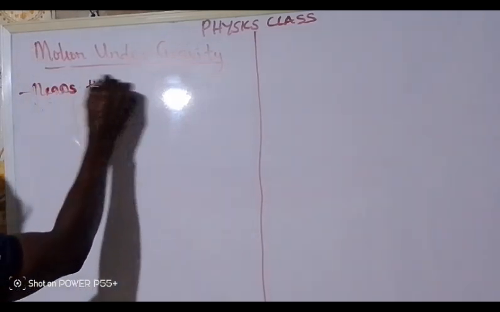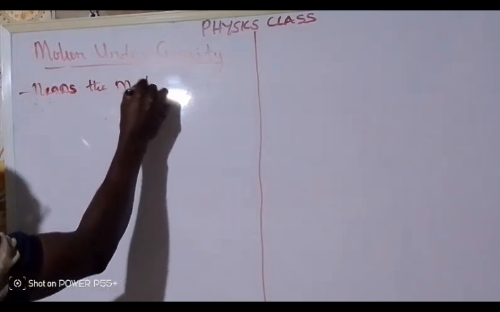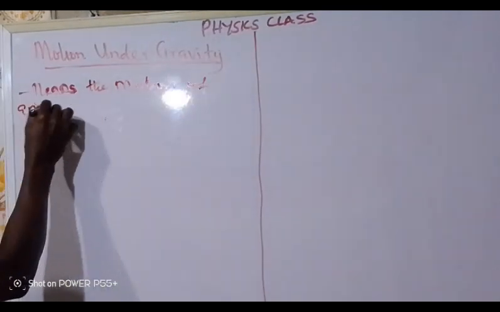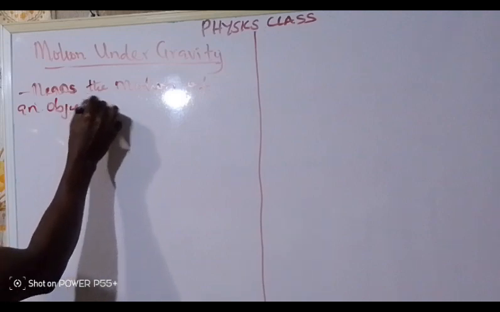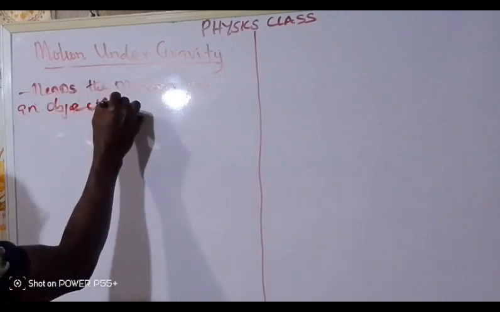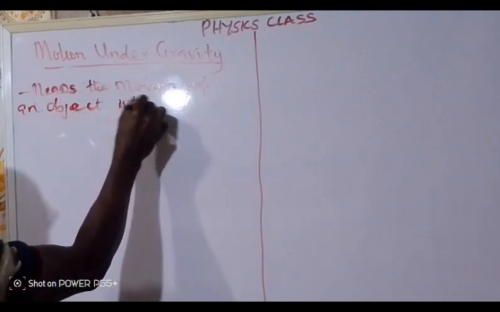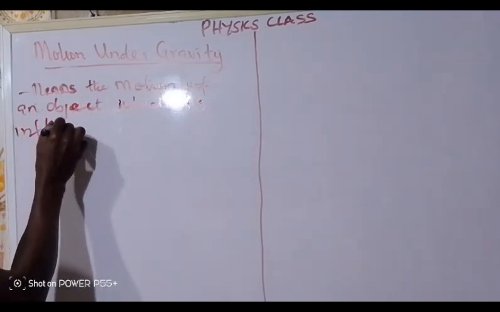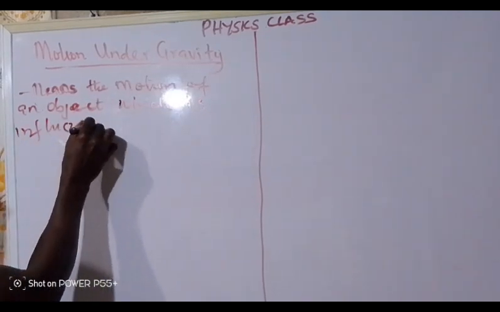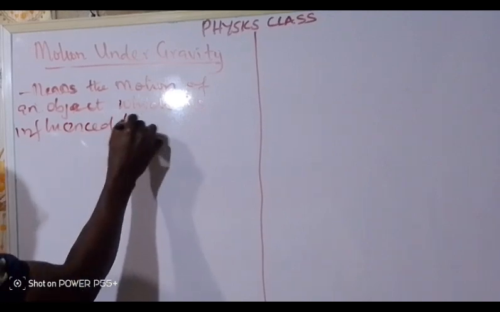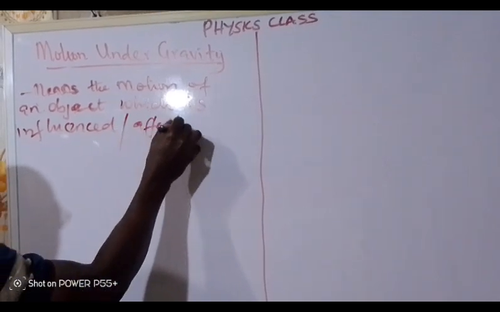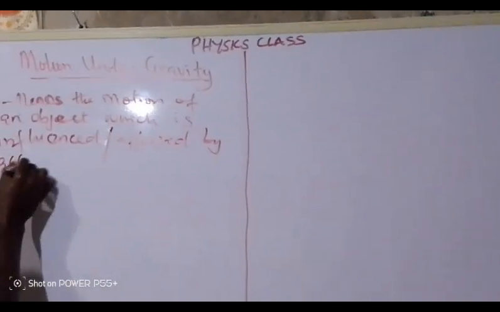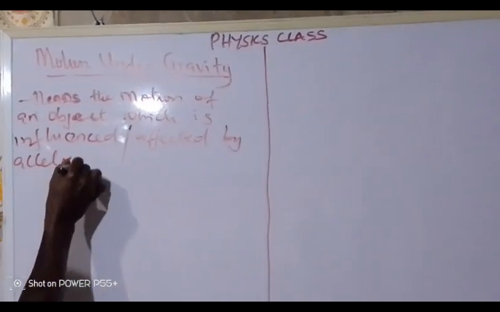the motion of an object which is influenced or affected by acceleration due to gravity.